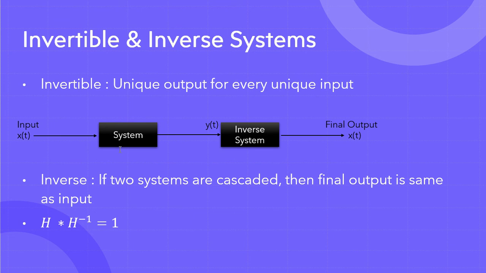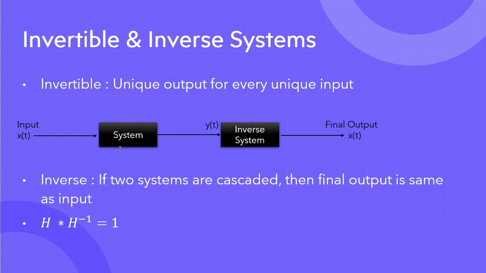But for the invertible and inverse system, my inverse system can only exist if the system is invertible. If my system is non-invertible, then the inverse system does not exist. So if the system is invertible, then only my inverse system exists.